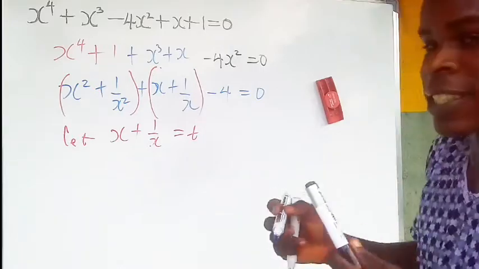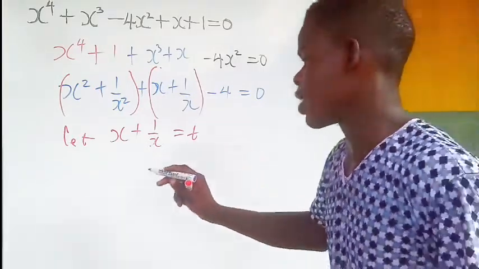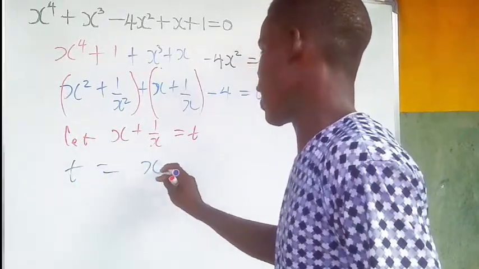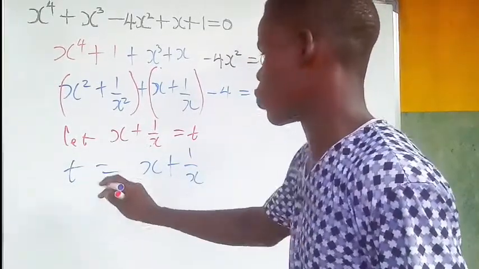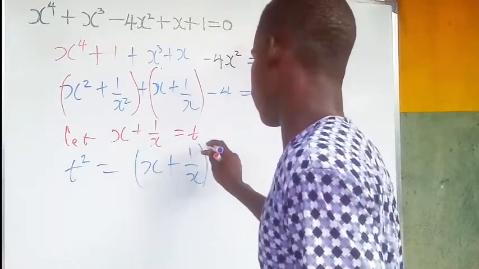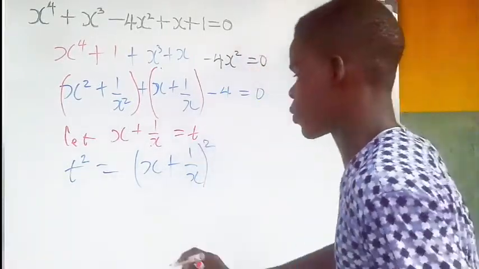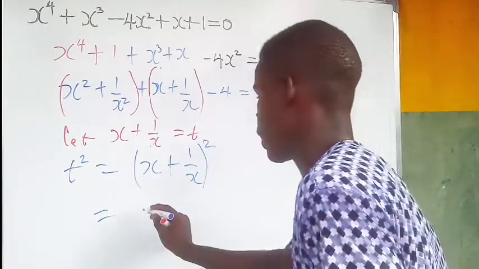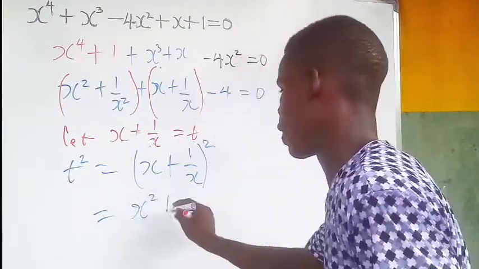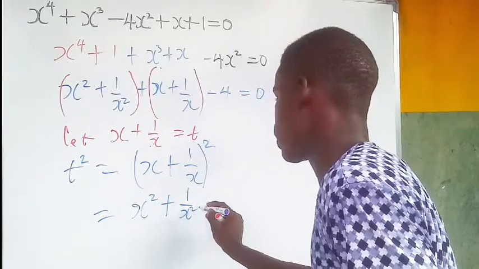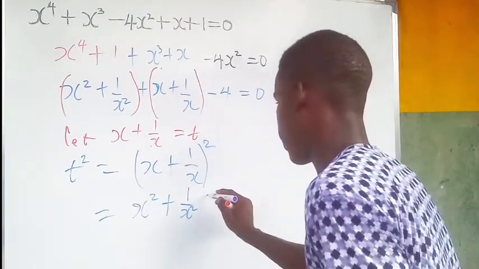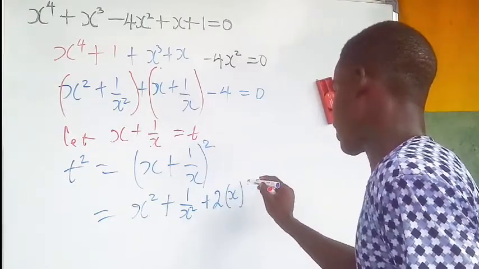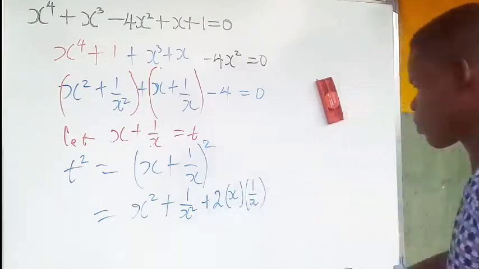Let's check if it is actually the square of that. Say t is equal to x plus 1 over x. We square both sides. Solving this binomially, we have x squared plus 1 over x squared plus 2 times x times 1 over x.